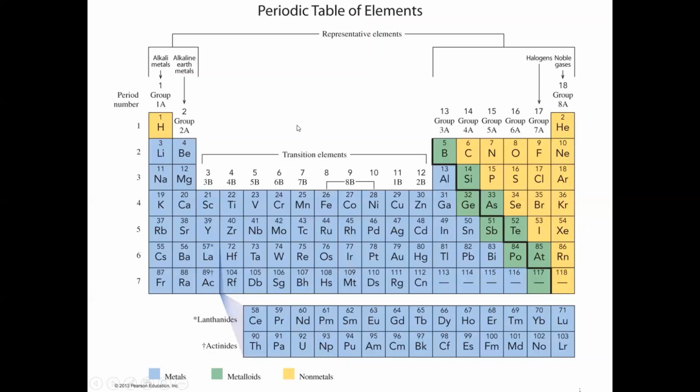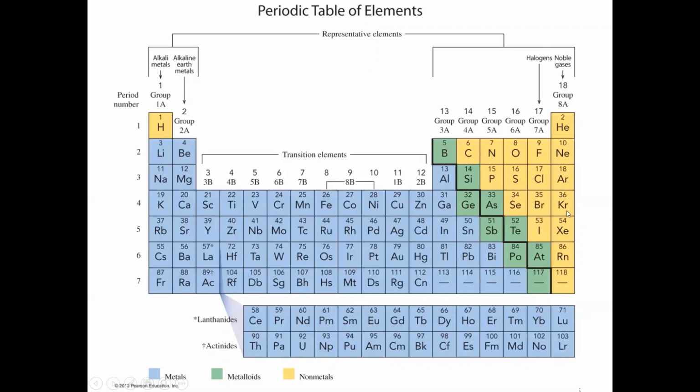Now besides that, we have special groups, and we'll go into them as well. But it's good to know group 1 and group 2. Now group 1 are what we call the alkali metals, and group 2 are the alkaline earth metals. The other special groups we're going to talk about are the halogens. Those are group 7, right here. And then the noble gases, which are group 8.